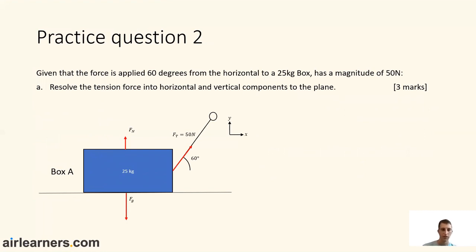A force is applied 60 degrees from the horizontal to a 25 kilogram box and has a magnitude of 50 newtons. Resolve this tension force into horizontal and vertical components.